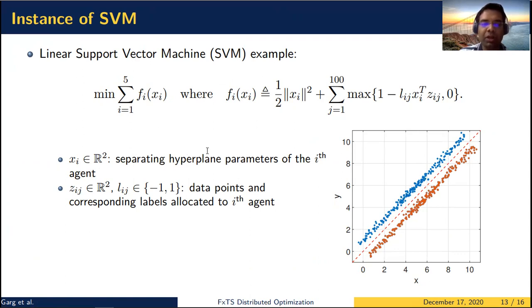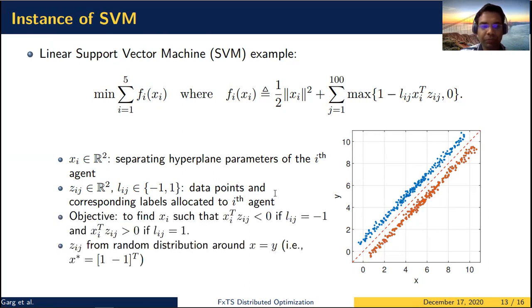In a distributed instance here, we consider that these 500 data points are distributed within 5 agents, so that each agent has 100 data points, which are randomly chosen from these distributed points around the line x is equal to y. And the objective is to find this xi that is basically the separating hyperplane between these labeled data points.